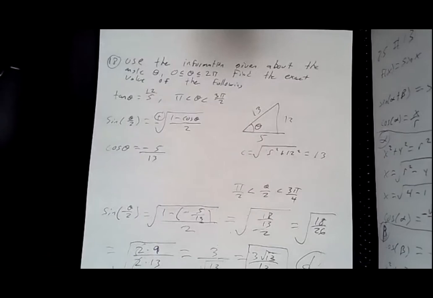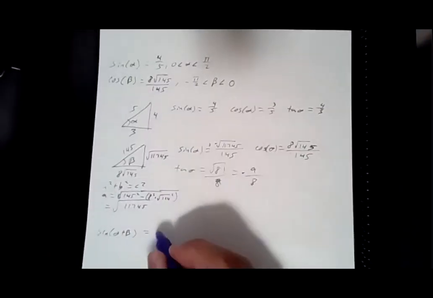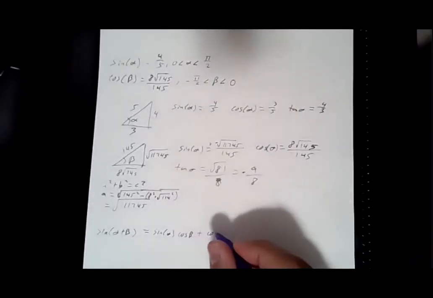Okay, so that'll be sine alpha times cosine beta plus cosine alpha sine beta.